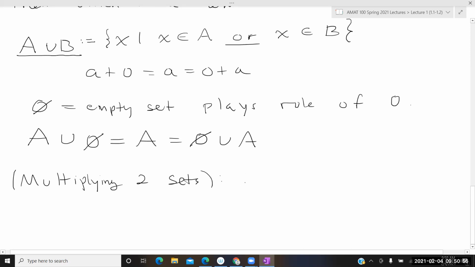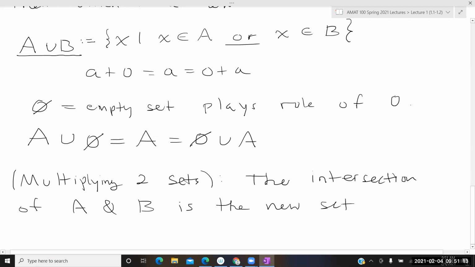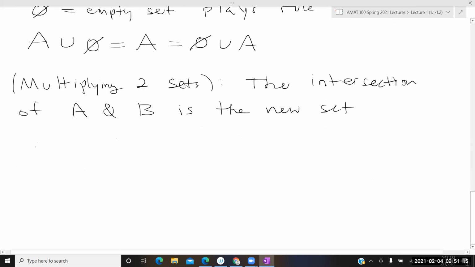So again, we have A and B are sets, and we talk about the intersection of A and B, which is the new set A intersect B, and we define it to consist of all the X such that X is in A and X is in B.